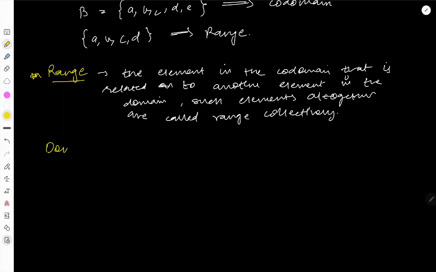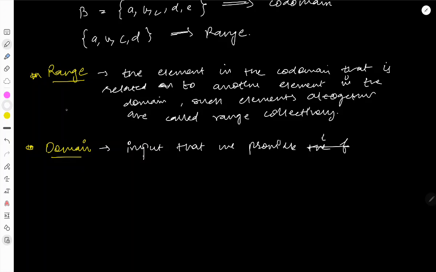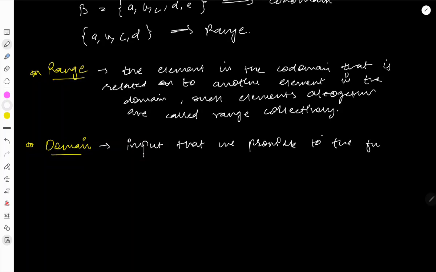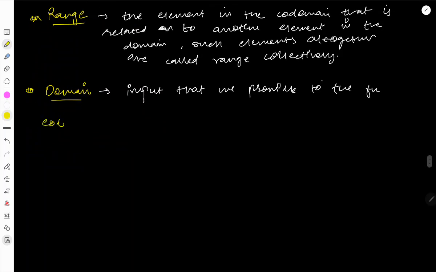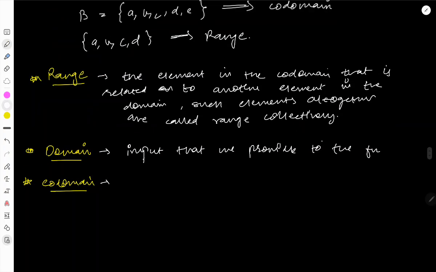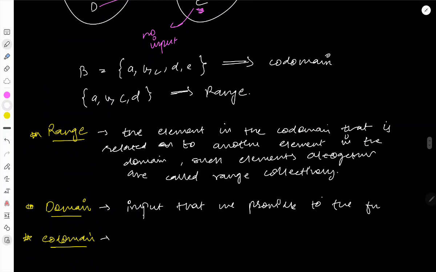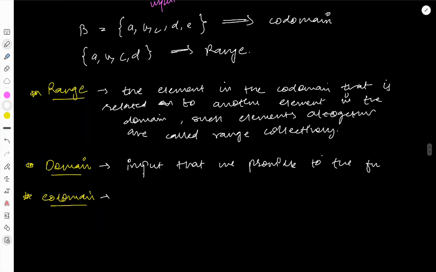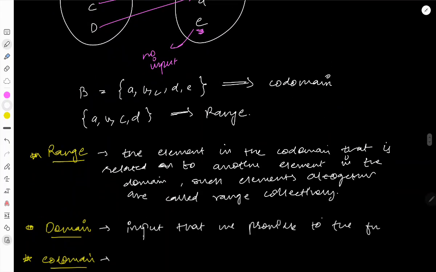And what is a domain? It is the input that we provide to the function. And what is codomain? We can say that the codomain is B. In this case, the codomain is B.